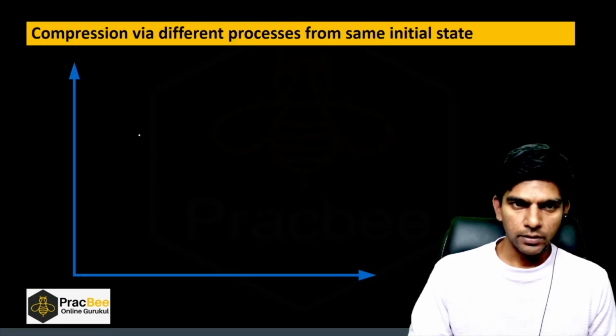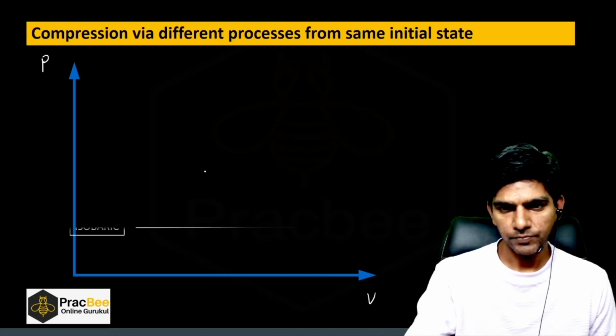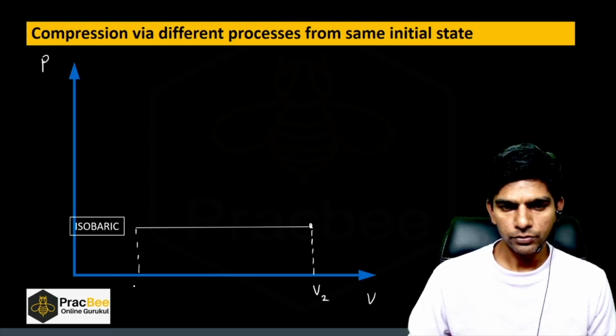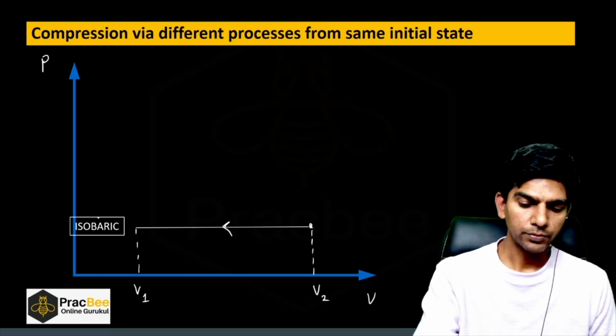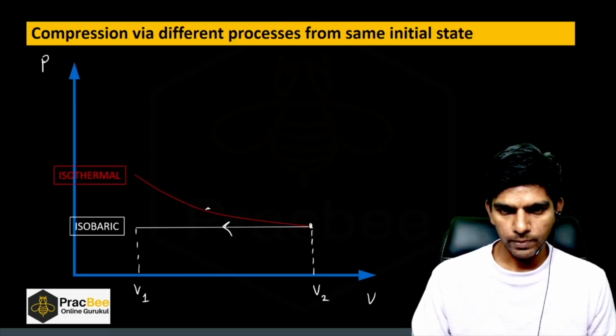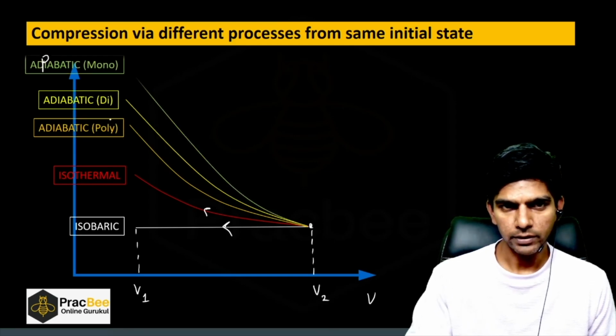Now, if we want to find the compression, starting from the same initial state with volume V2 and going to volume V1, this is the isobaric process. Then we have the isothermal process, then adiabatic polyatomic gas, then diatomic, and then monatomic.